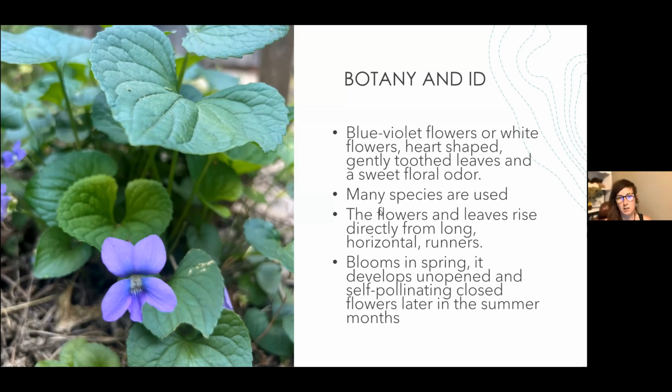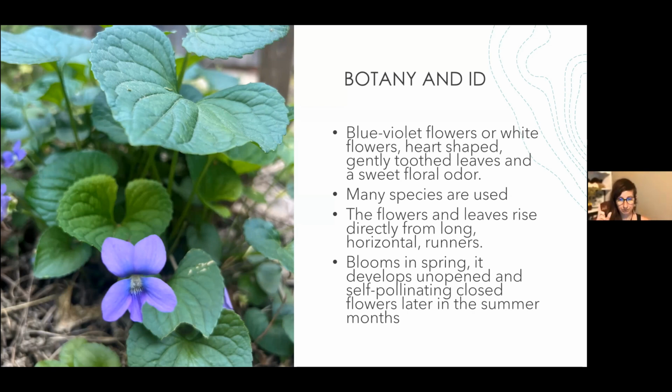Okay. So we talked about many species being used. The flowers and leaves rise directly from long horizontal runners, and they bloom in the springtime. This flower that we can eat and make into syrups and teas, and that smells so beautiful, is not actually the reproductive part of the plant.